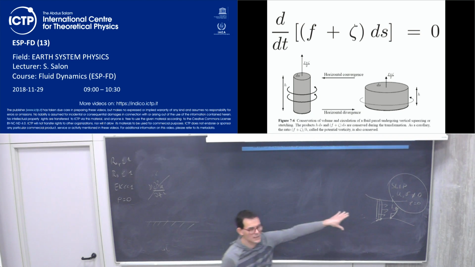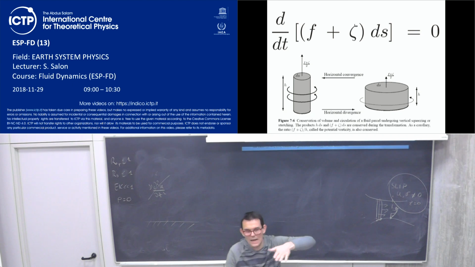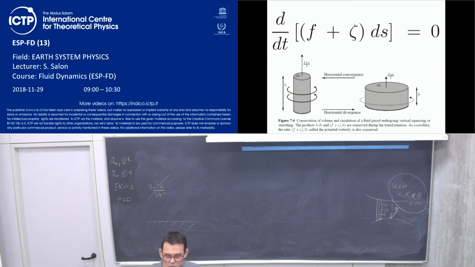But we can work with the bottom, as we said before, and we can make all these nice considerations about the conservation of volume. So it's a little bit subtle, but it helps us to consider one aspect at a time. That's why now we want to consider it.